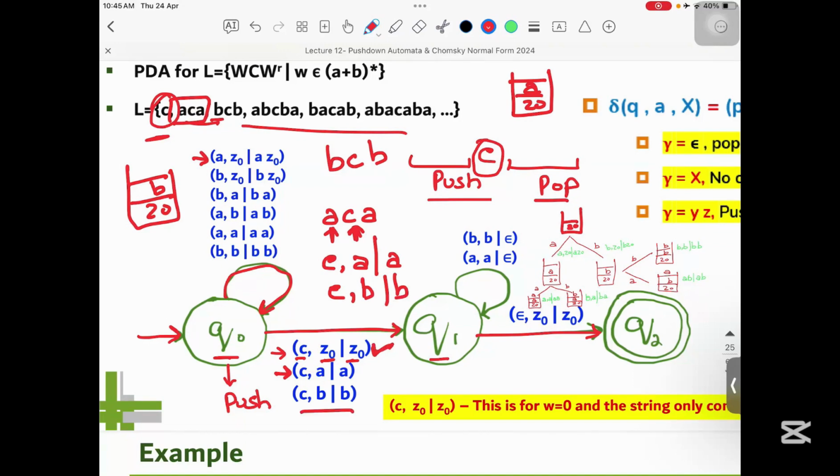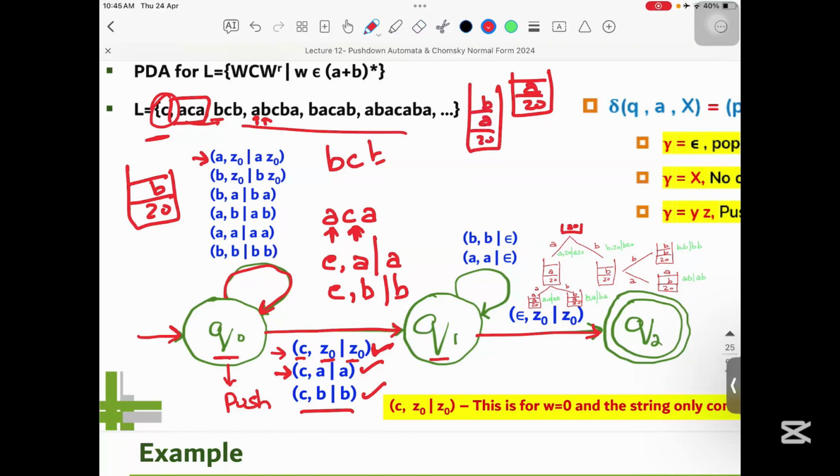Okay, so here this is for individual C, this is before C if it is A or if it is B. And then after that, in this case, when you need to do a pop, if you can see here, this is A, B, it means that you will have a stack Z0, you have A, you will have a B, then after C, whatever you will have here, if it matches the stack top, then do a pop.